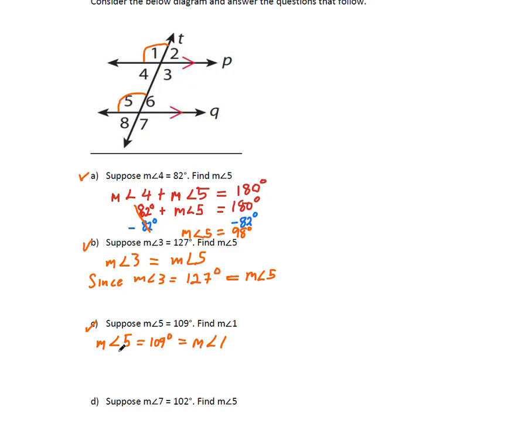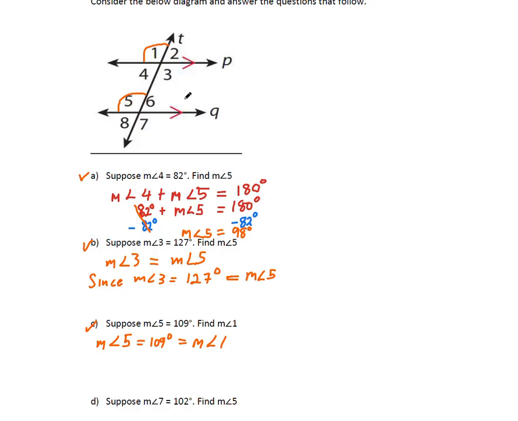This is because they are corresponding angles. They are corresponding angles because one of them is inside of the two parallel lines and one is exterior or outside of the two parallel lines, but they are on the same side of the transversal. And they have the same size.